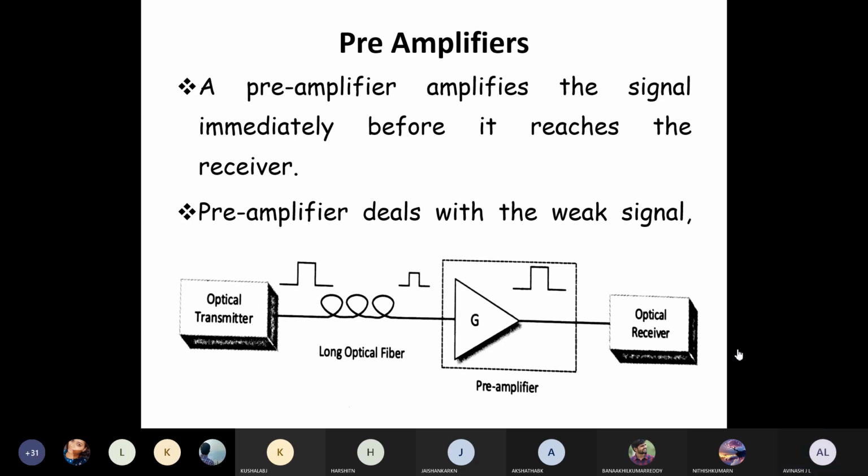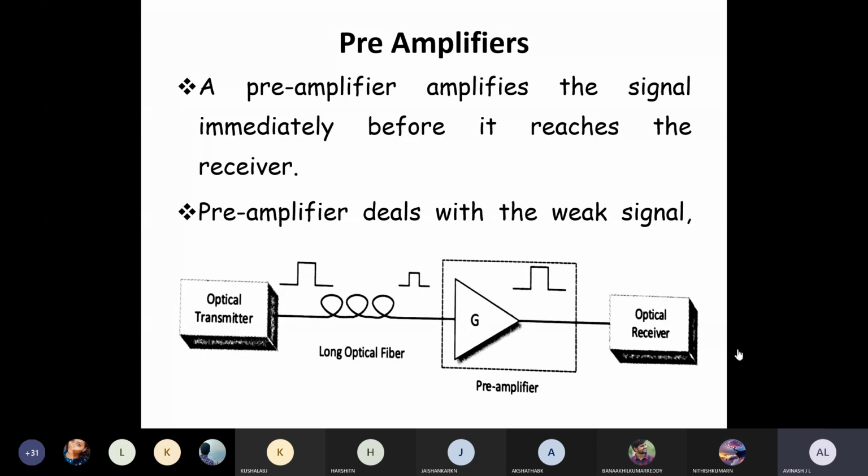The diagram had the optical transmitter at the left extreme. That particular configuration should be maintained. The optical transmitter will transmit a signal of high intensity. That high intensity signal will pass through the long optical fiber. Once it passes through the long optical fiber, obviously the signal strength will get reduced.